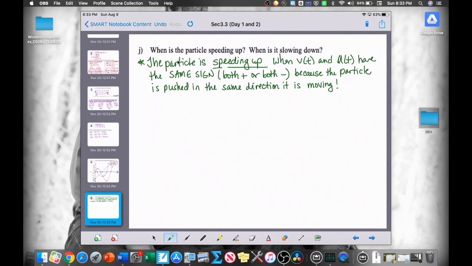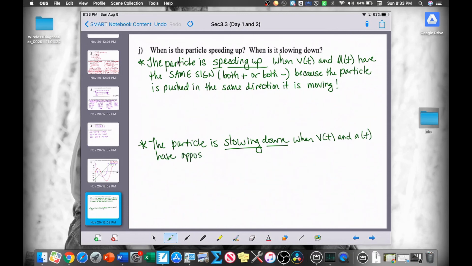And then, kind of opposite of that, the particle is slowing down, and I left some space there on purpose, so leave some space. The particle is slowing down when velocity and acceleration have opposite signs, meaning one is positive and one is negative. And this is because the particle is pushed in the opposite direction from which it is moving.